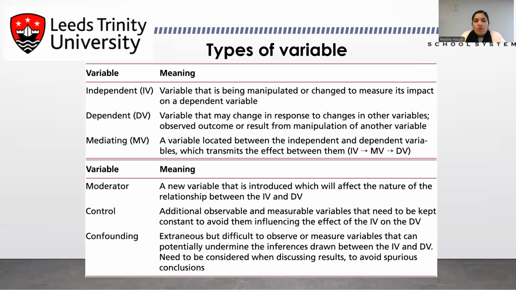Then there are moderators, a new variable that is introduced, which will affect the nature of the relationship between independent and dependent variables. Control variables are additional observable and measurable variables that need to be kept constant to avoid them influencing the results. And then confounding variables as well.